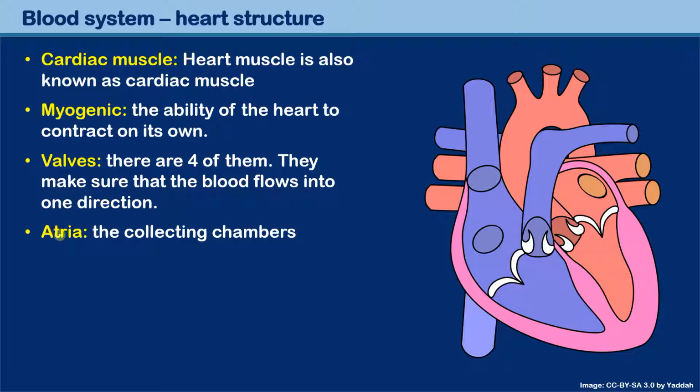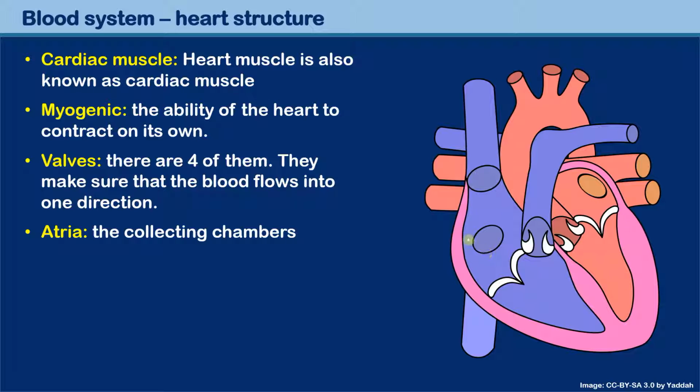There are small heart chambers referred to as atria. Atria is plural, and these are the collecting chambers. This one over here is the right atrium, and this one is the left atrium.